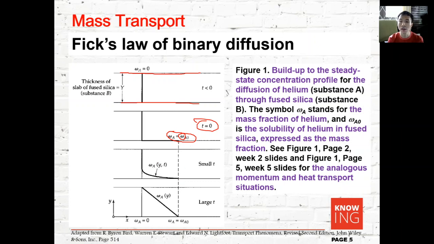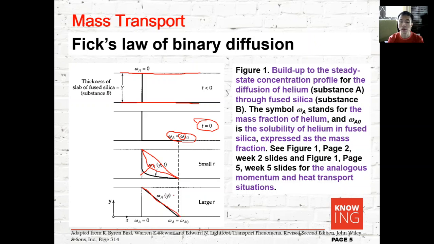Because you subject the bottom surface of the plate to helium, a concentration gradient will develop from the bottom of the plate to the top. With increasing t, the concentration gradient will increase, and you will basically have the linear profile shown at the bottom here.